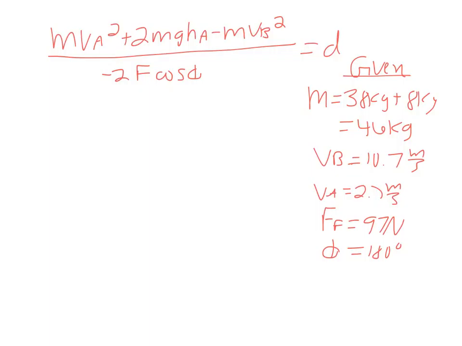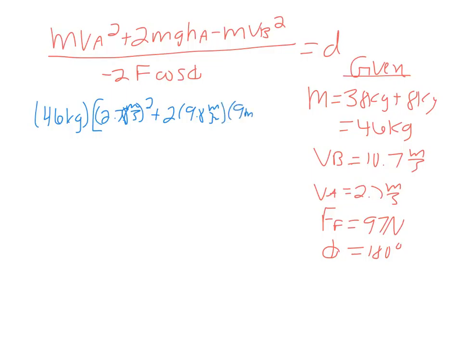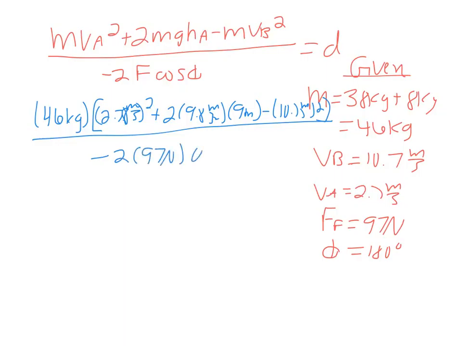So let's put these numbers in. We have our mass, 46 kilograms. I'm just going to factor out the mass since it's in all three of those terms on the top, times 2.7, keeps on going, meters per second squared, plus 2 times 9.8 meters per second squared times 9 meters minus 10.7 meters per second squared, over negative 2 times 97 newtons times the cosine of 180 degrees.